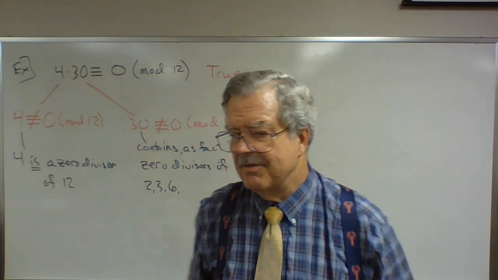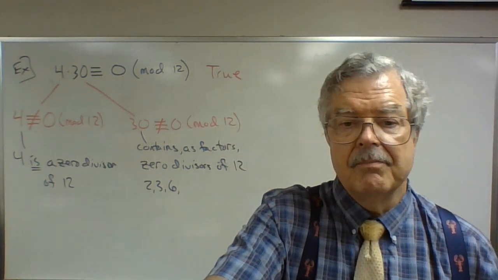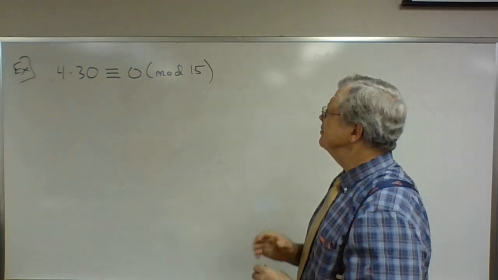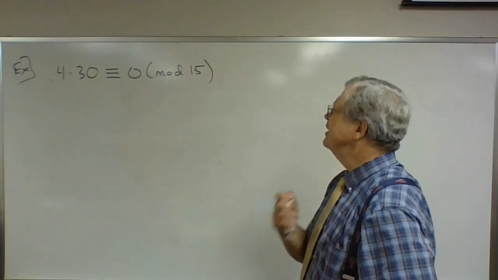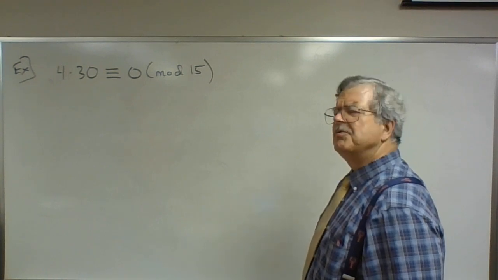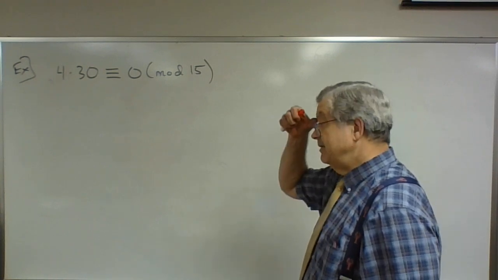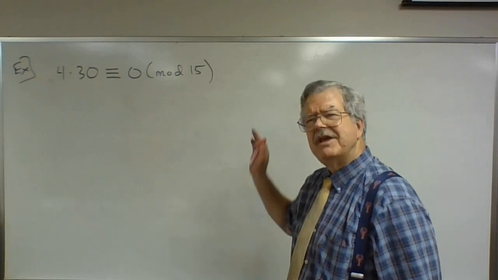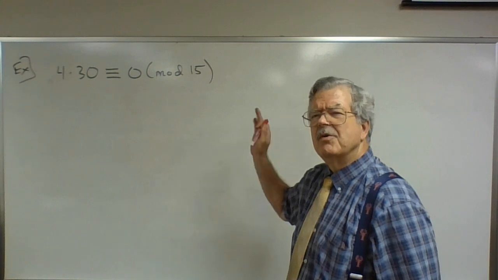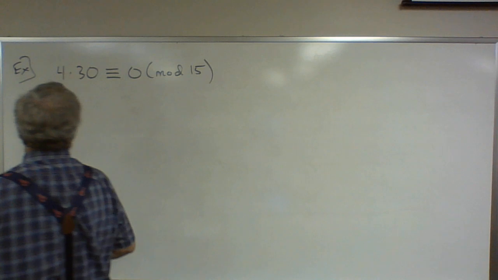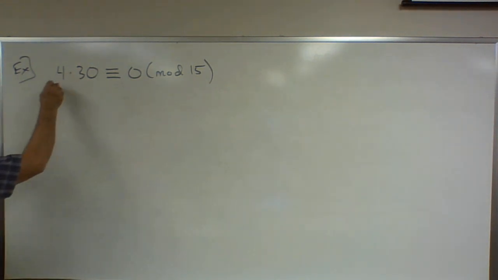Okay, let's look at another one. 4 times 30 is 120, and 120 is 8 times 15. So 4 times 30 is congruent to 0 mod 15, and yet 4 and 15 are relatively prime.